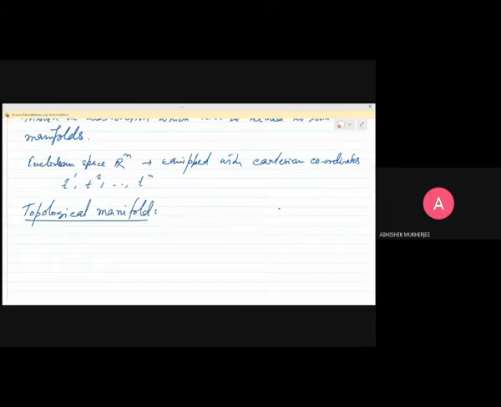Locally means that around every point you will have an open neighborhood which is homeomorphic to an open subset of Rn.